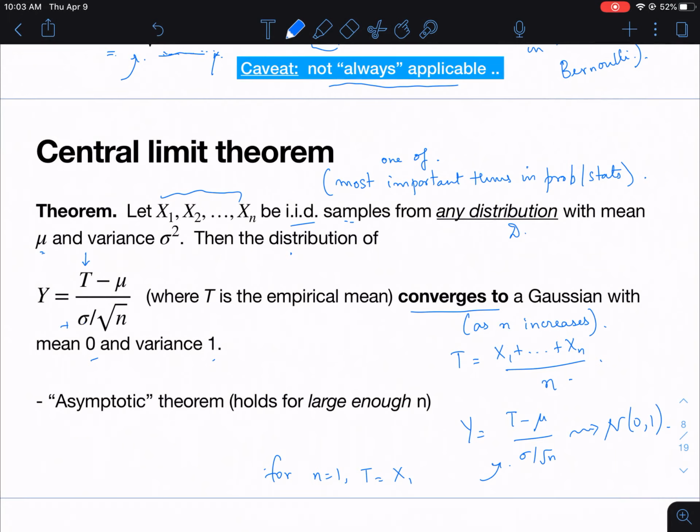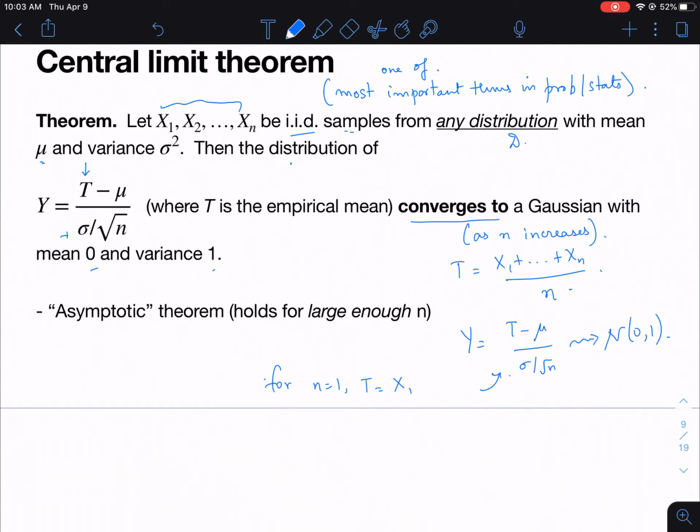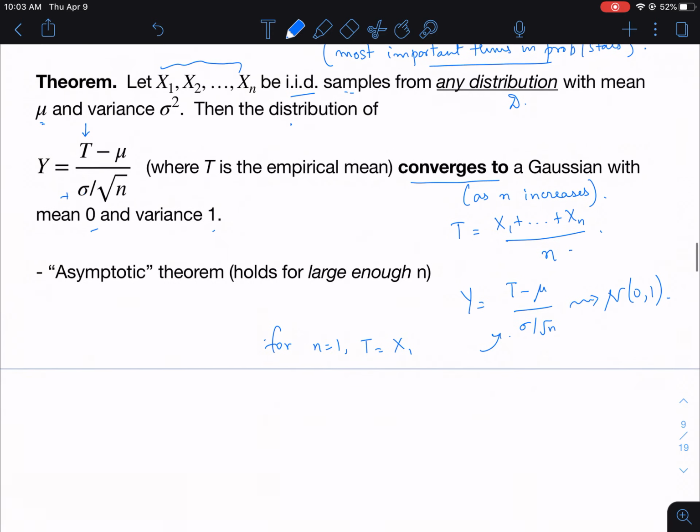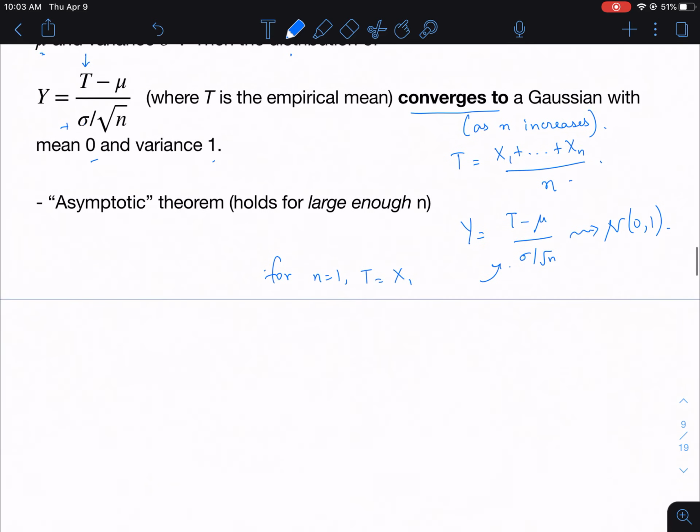So that was a little bit about the statement of the central limit theorem and a quick demonstration of how it works. Let me now say why I said that this is one of the most important theorems in probability and statistics. What is the central limit theorem saying? Let me show you a different way of writing the same thing.